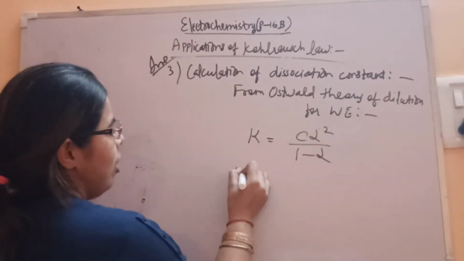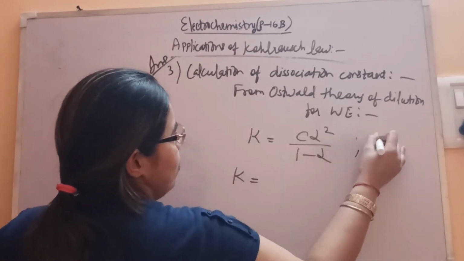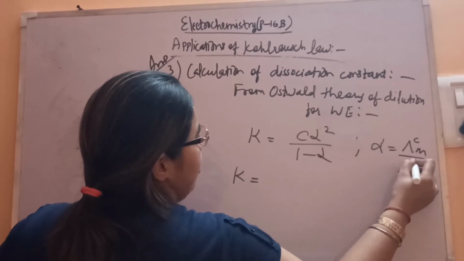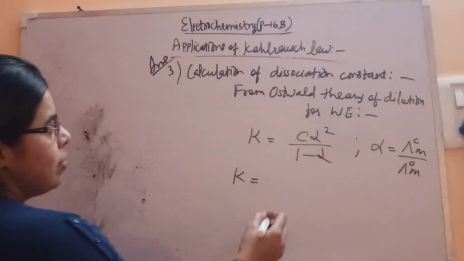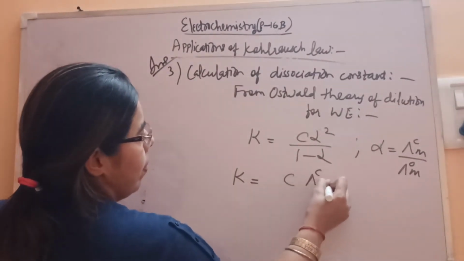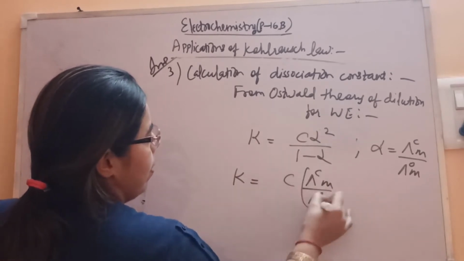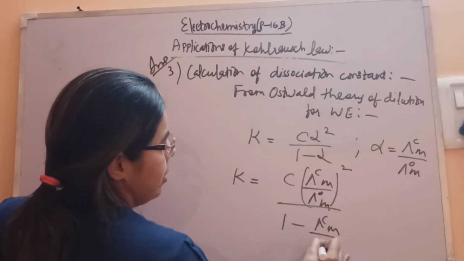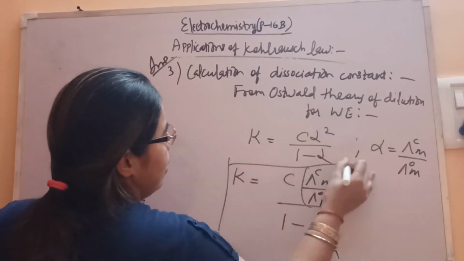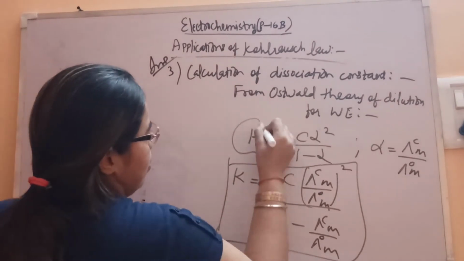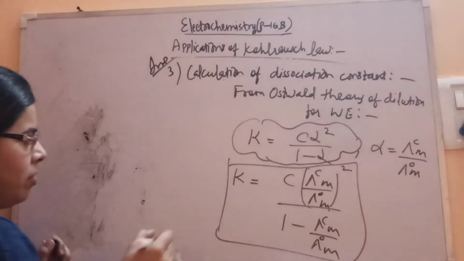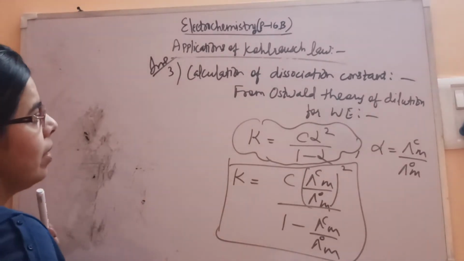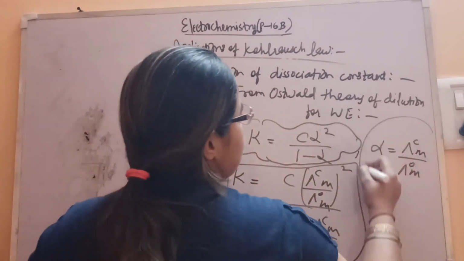Now you know the value of alpha. Can we substitute here? As we know that alpha is equal to the ratio of molar conductivity at particular concentration and at infinite dilution. Fine. So substitute here, what you will get? So in this way you can solve this and you will get the expression for the dissociation constant. Fine. So this we have already seen.